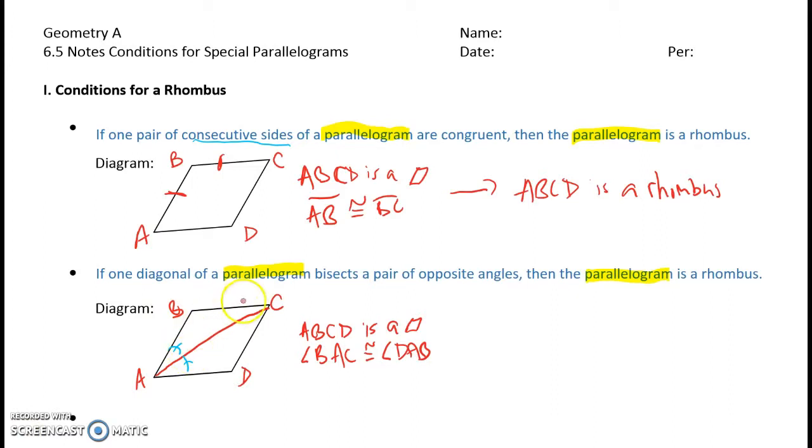We also want to know that the other side is being bisected, so angle BCA is congruent to angle DCA. We need to know that both of those angles are being cut in half. Of course, if this is a parallelogram, these bisected halves should be the same because opposite angles are congruent, but that's just a quick note. If the two angles at the ends of my diagonal are being cut in half, then that plus the fact ABCD is a parallelogram tells me we have a rhombus.